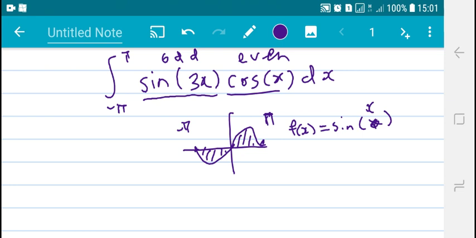And so if we were to add these two areas, this will be a negative area, this will be a positive area, and they're equal in magnitude but opposite in sign, and so the algebraic sum of these two areas should be 0. That's why for an odd function it should be 0 if the interval is symmetrical about the point 0, and that's it.